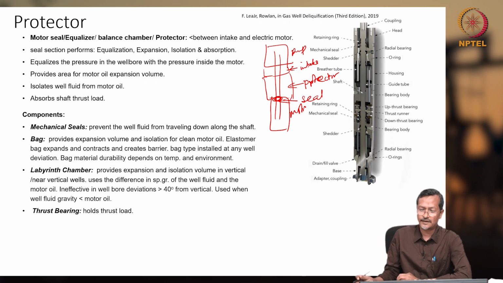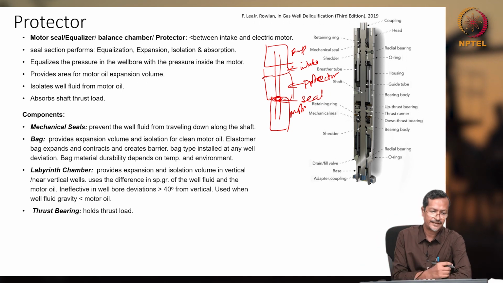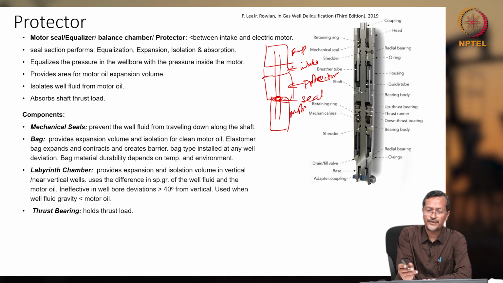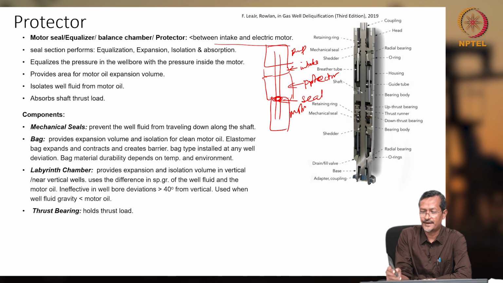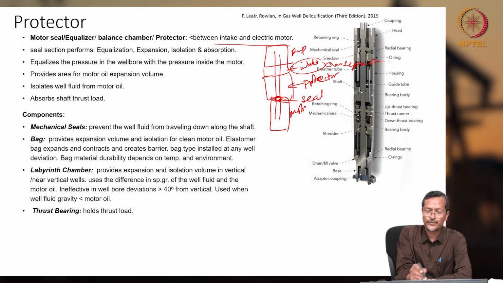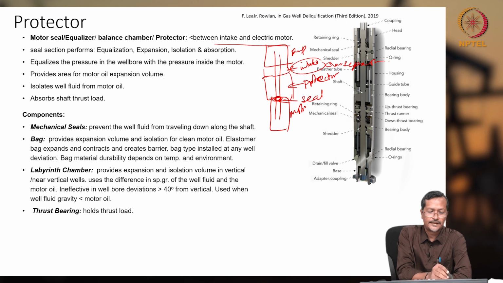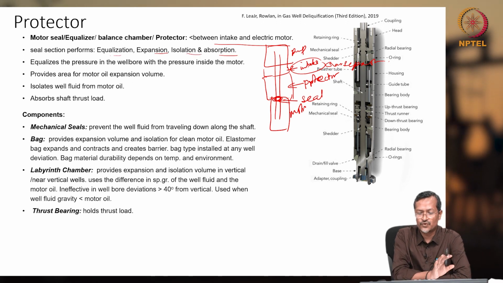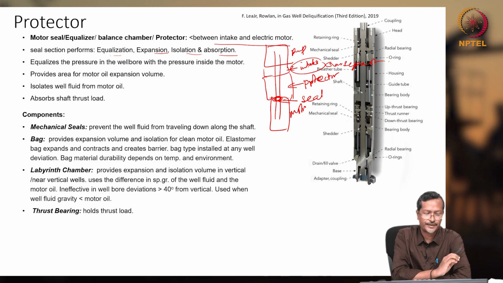The motor seal or protector section has different names: motor seal, equalizer, balance chamber, protector. It sits between the intake, or gas separator, and the electric motor. It does four jobs: equalization, expansion, isolation, and absorption.